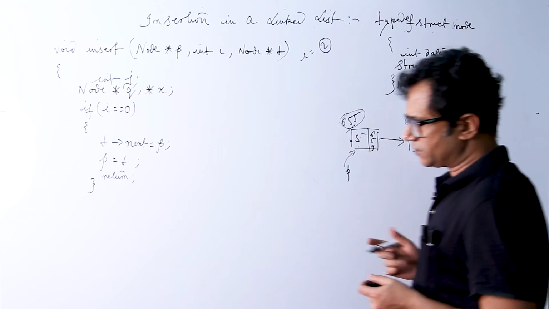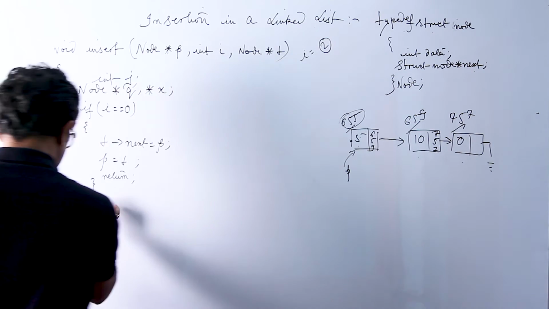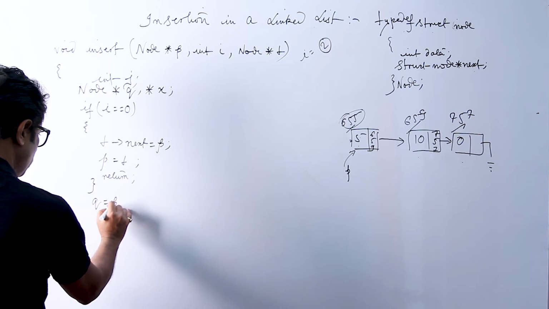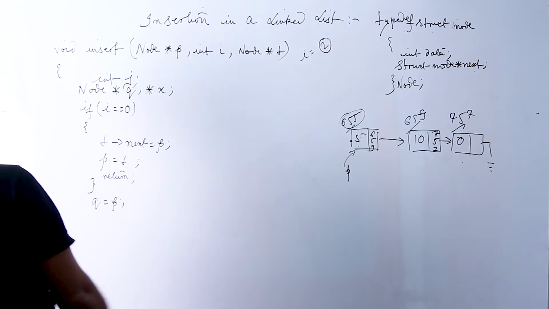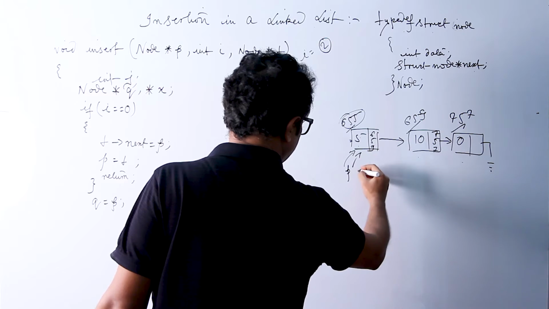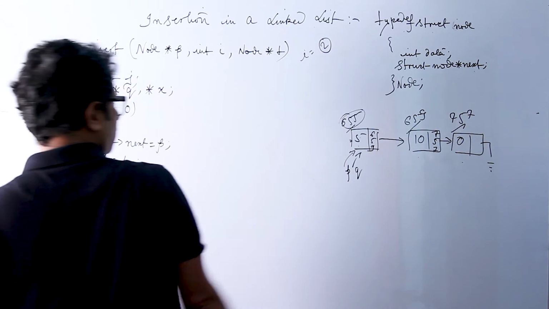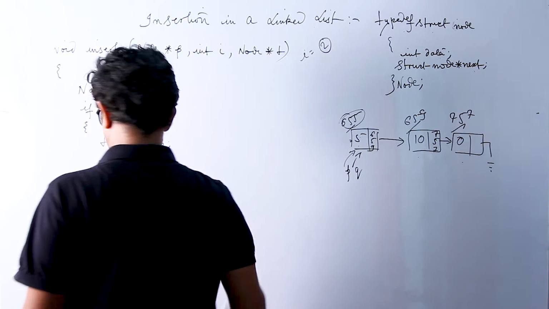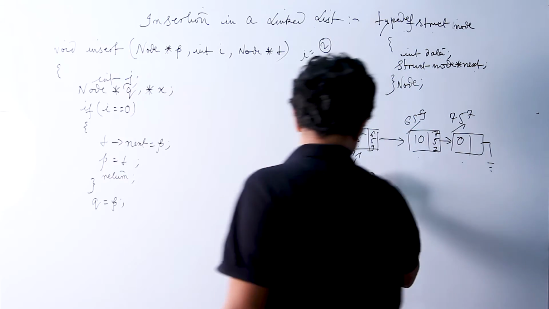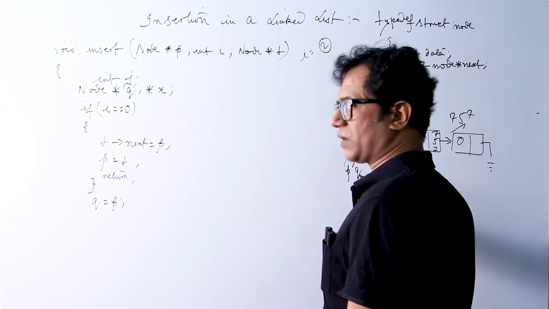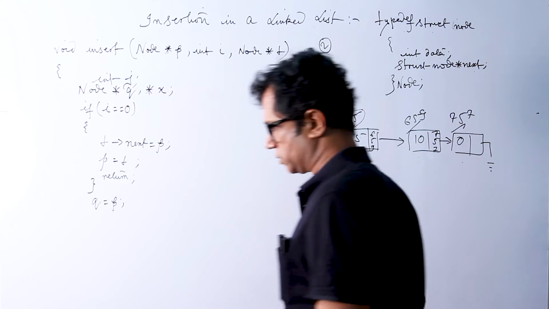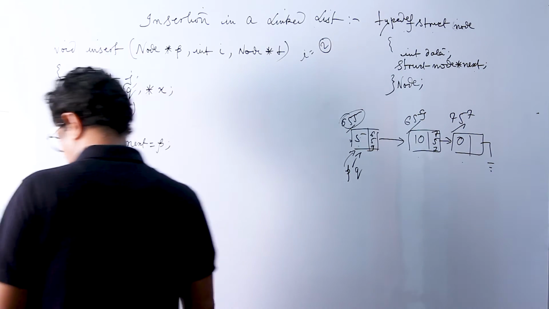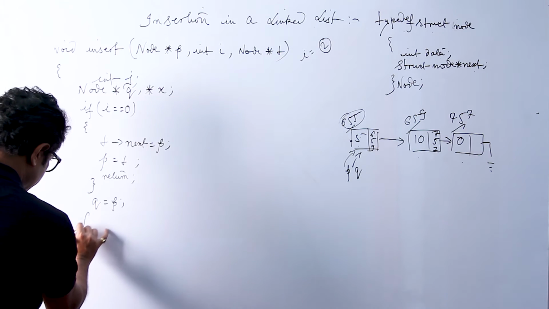So in that case, first I have to write like this, Q is equal to P. So Q is equal to P means we are pointing this Q towards the same memory location as P is pointing to, that is 655. So P and Q are both 655 in this situation. After that, we will write a loop like this.